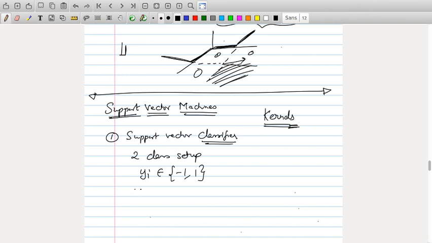And we'll also think of a hyperplane. A hyperplane is nothing but a linear function. Think of a hyperplane which is f of x equals beta transpose x plus beta naught equals 0. A hyperplane is just all points x such that they fall on the plane.